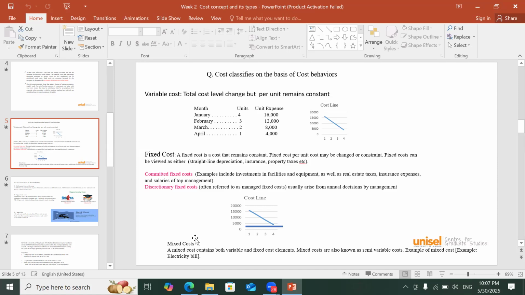But when one machine is damaged, this machine's cost you can avoid, because this machine is already damaged. But the place rent you have to pay. So place rent is your committed fixed cost, and machine charge is the discretionary fixed cost. Clear or not? Yes, sir, understood.